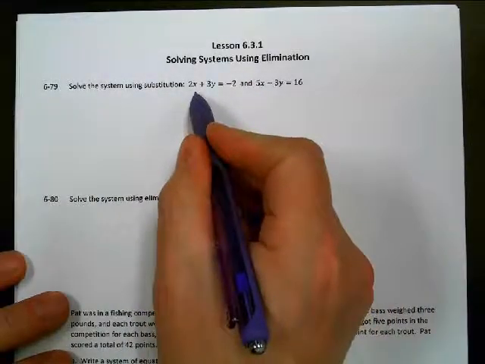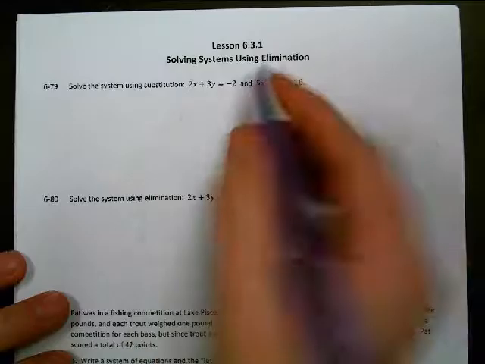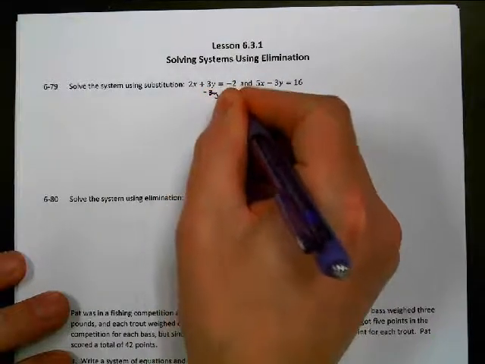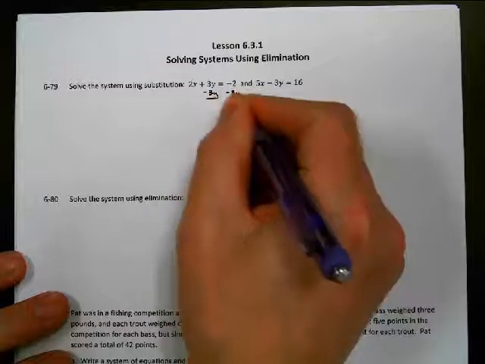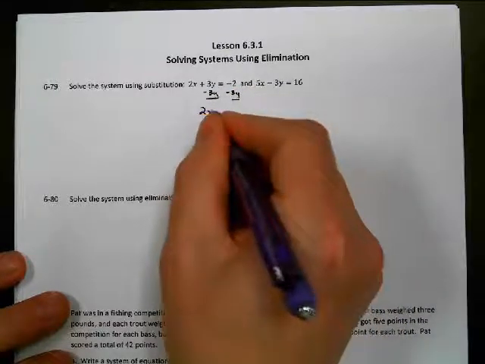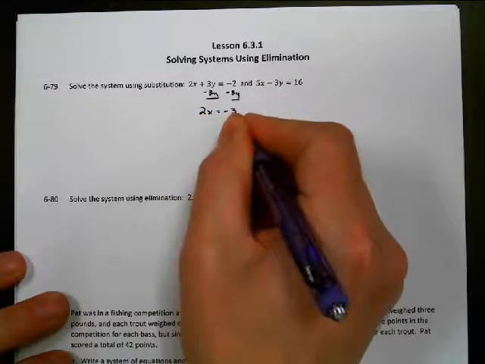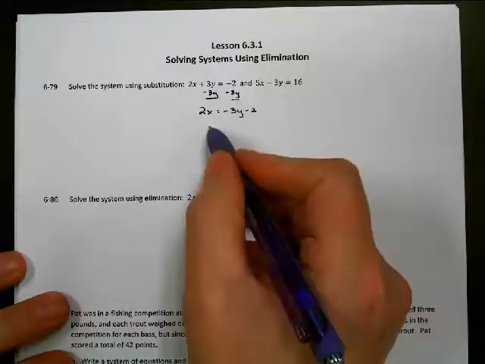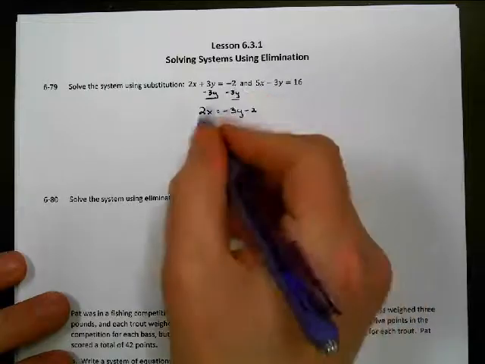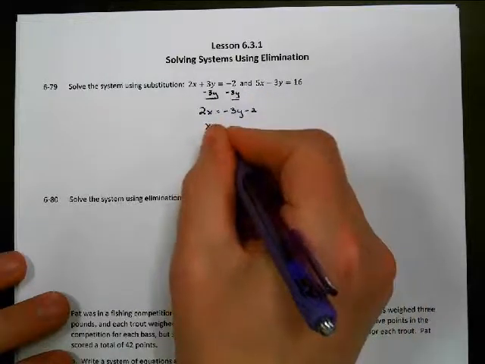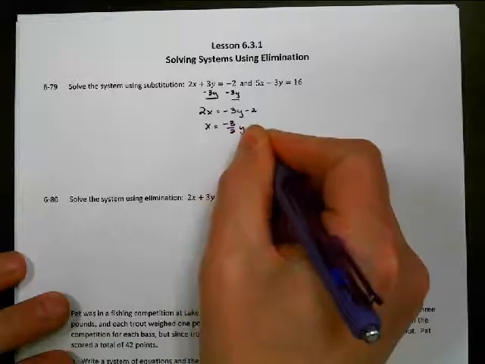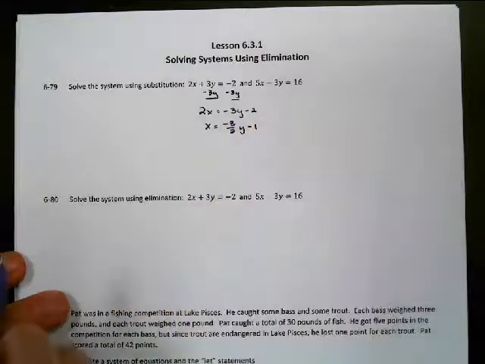All right. So here's what I'm going to do. I'm going to subtract 3y from both sides. And I'd get 2x is equal to negative 3y minus 2. And then I'm going to divide everything by 2 and get x is equal to negative 3 halves y minus 1.